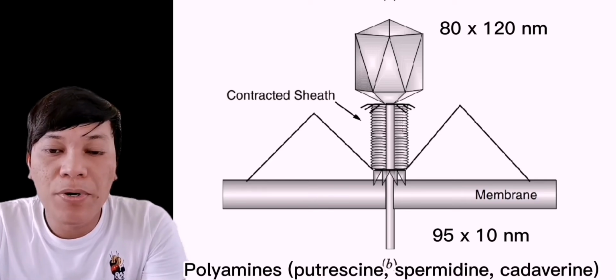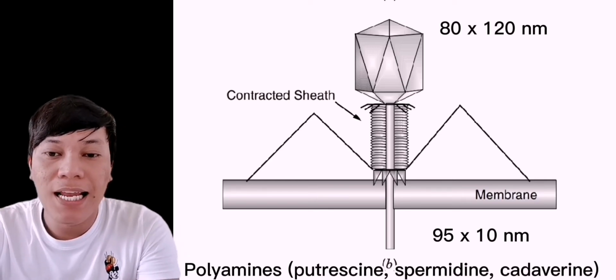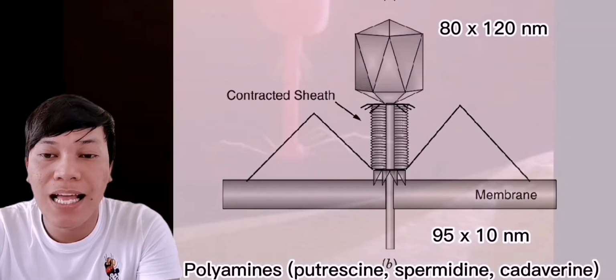The base composition of T4 DNA is unusual in that all of the cytosine residues have been replaced by a modified base, hydroxymethylcytosine, or HMC. The reason for this replacement will become apparent from subsequent discussions.